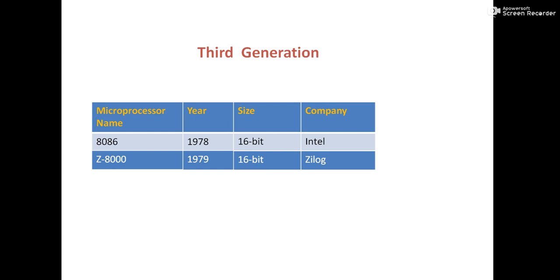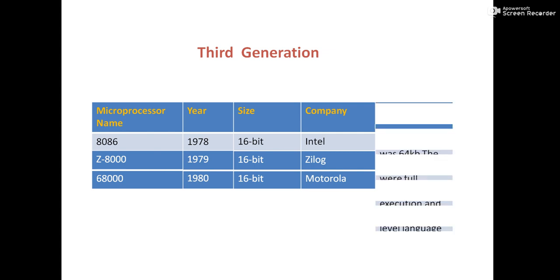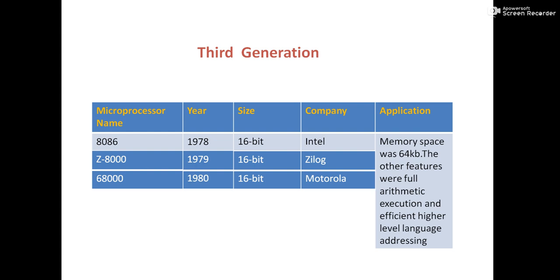The size of this microprocessor was 16-bit. In the very next year, that is 1980, Motorola Company developed 68000 microprocessor, which is of 16-bit. In third generation, memory space was 64 KB, and the other features were full arithmetic execution and efficient higher level language addressing. These are the microprocessors from third generation.